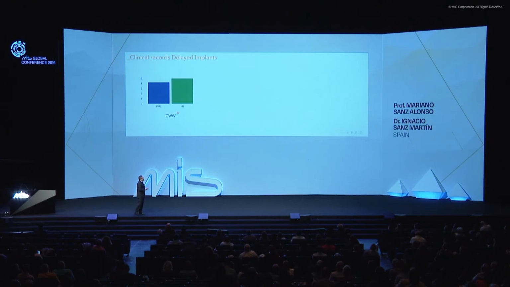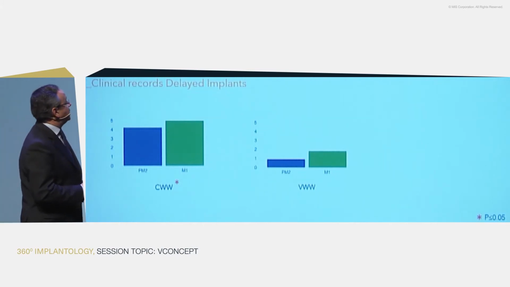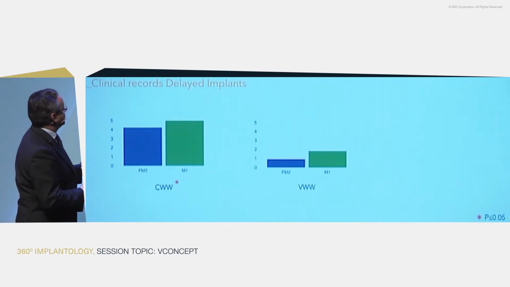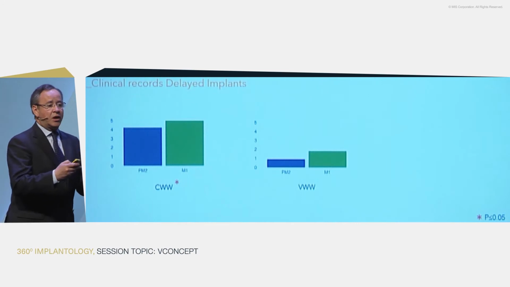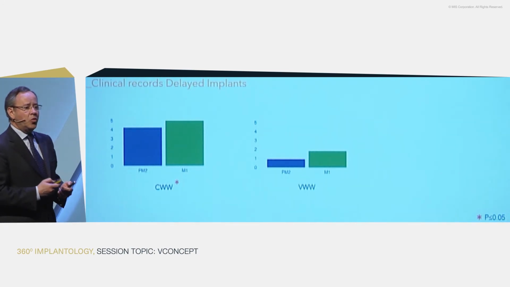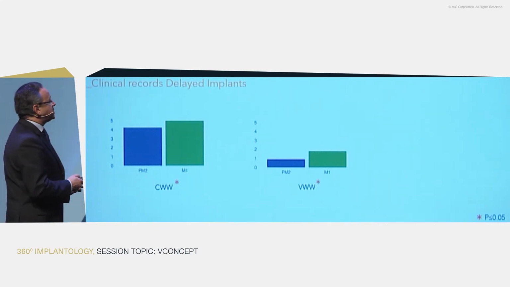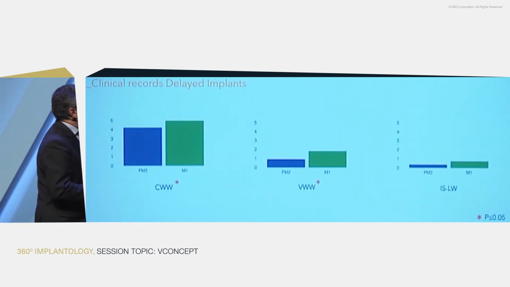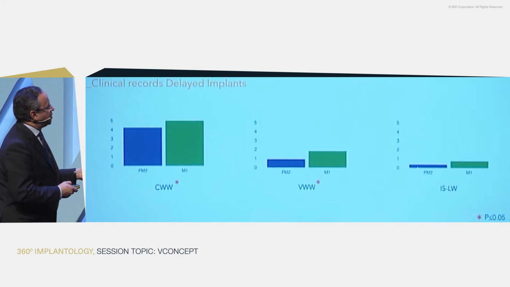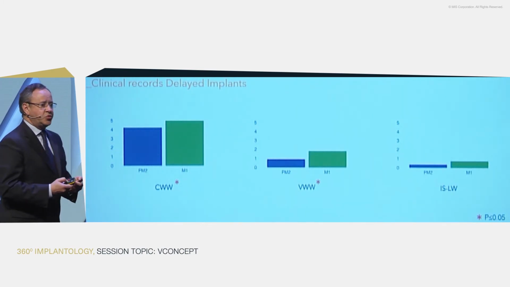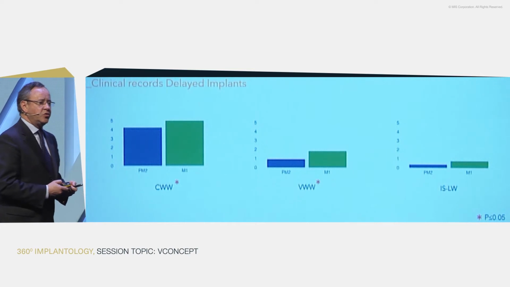And it is clear that when we compared in the delayed implants the mesial and the distal site, we have wider crests in the implant site. We had, of course, the vestibular buccal bone width higher in the distal side, and very similar the distance between the lingual side to the implant.